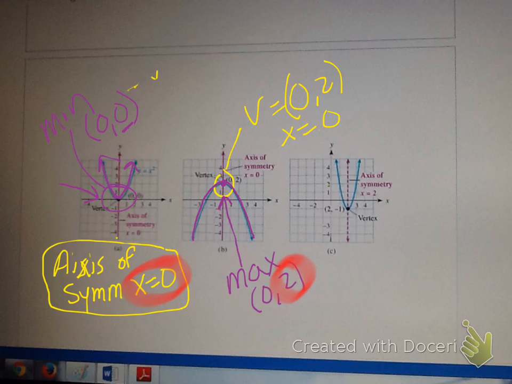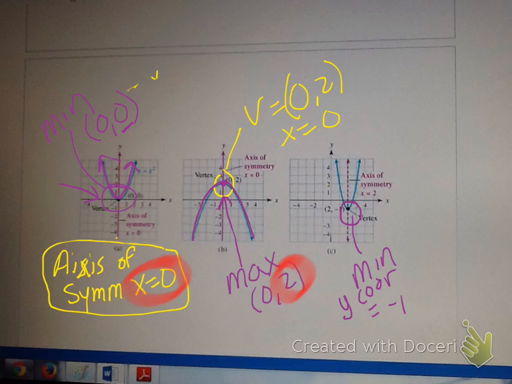So if you look at this last one, is this point right here a minimum or a maximum? That one's a minimum because it's the lowest point in the parabola, because the parabola faces up. So the lowest point in the y coordinate would be -1.